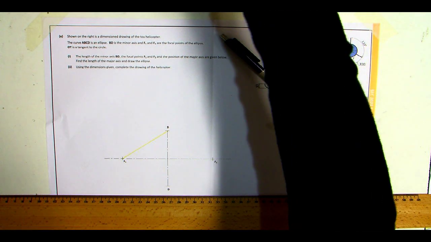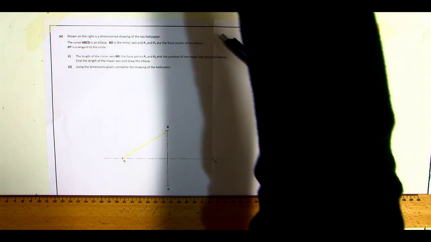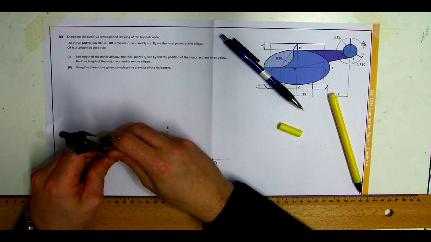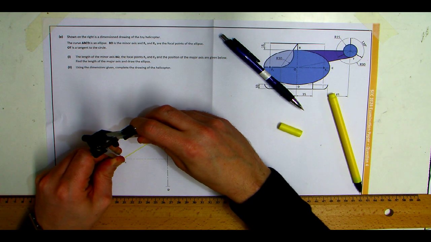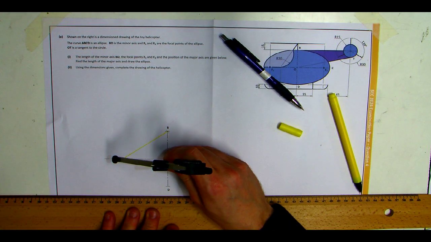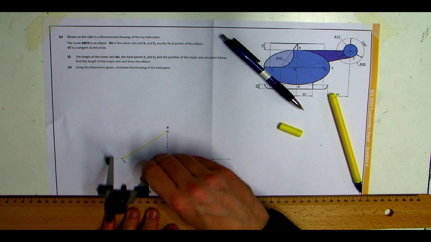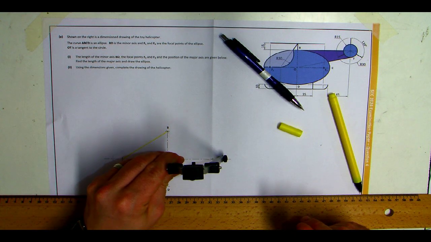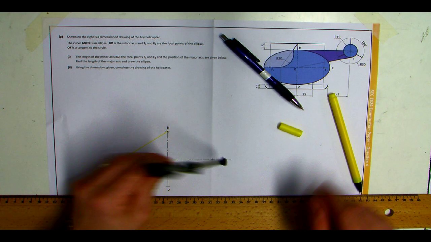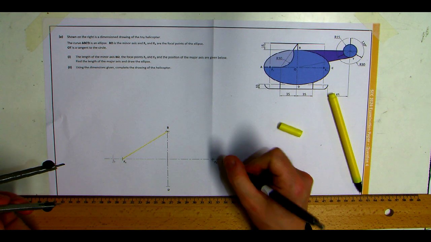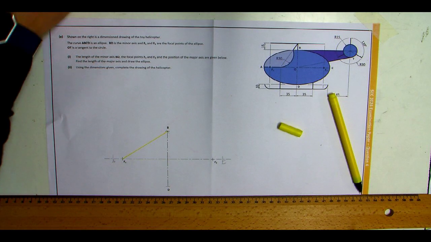I'll draw that yellow line, measure with my compass, set that distance, and then swing it from the center point of my ellipse, giving me the 2 points on the major axis, which we can call A and C. Do we all understand that?